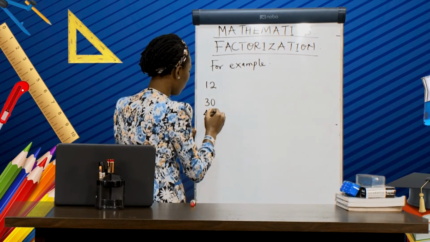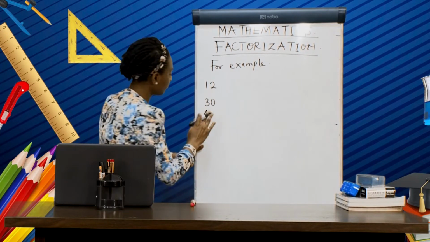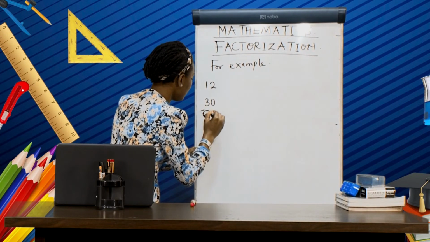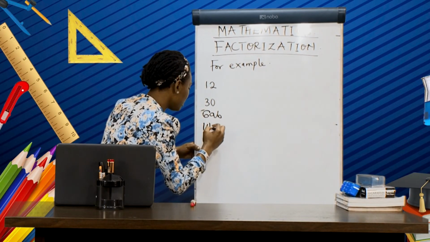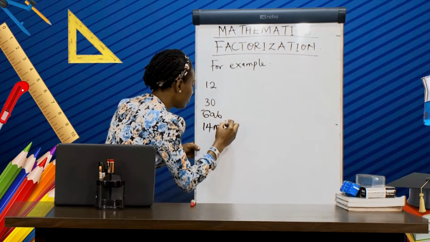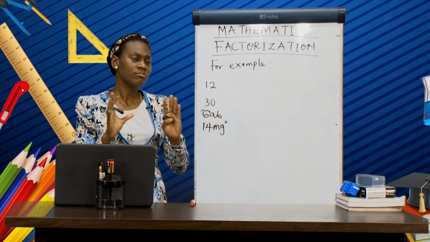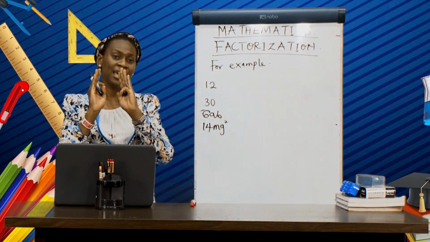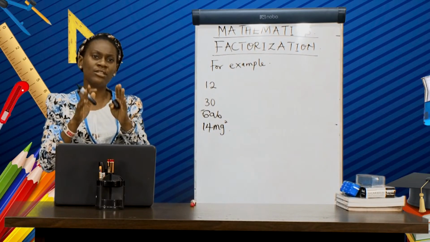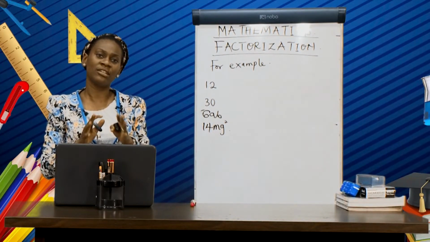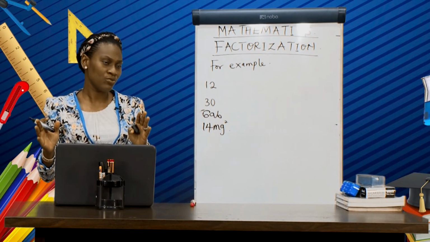Let's look at 6ab, and then the last one, 14mg squared. If we are able to break this number down into smaller units or into other numbers, then we can say that we have factorized. What do I mean?